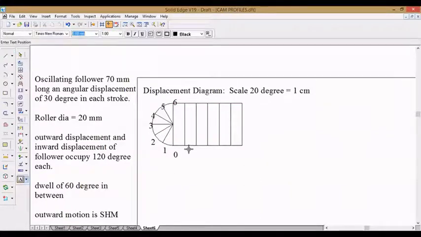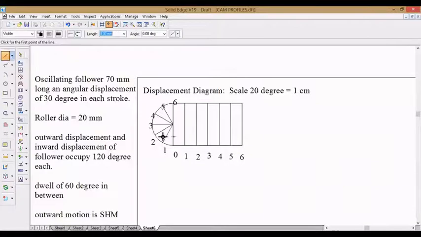So these divisions will be 1, 2, 3, 4, 5, and 6. So we divided the semicircle into 6 equal parts, and at the same time divided the linear line also into 6 divisions.